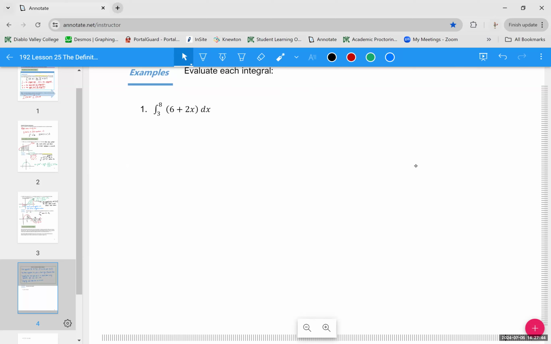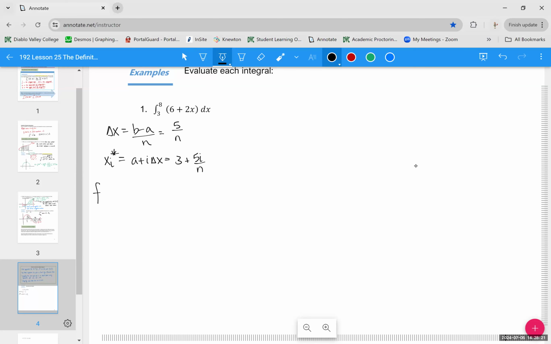We're going to evaluate the integral from 3 to 8 of 6 plus 2x. I need to write down my delta x, which is b minus a over n, so 8 minus 3 in this case, over n. Then I'm going to do my x sub i star, which is a plus i delta x. My a is 3 and my delta x is 5 over n, so it will be 3 plus 5i over n.